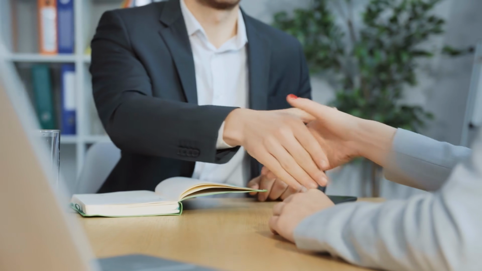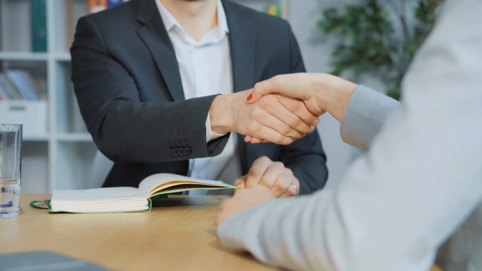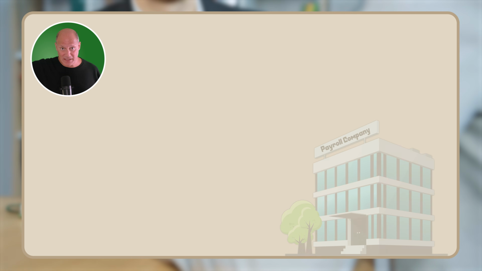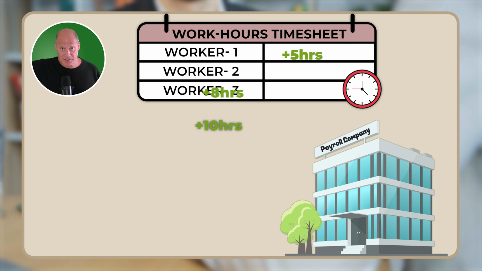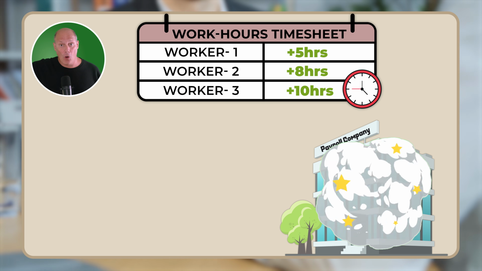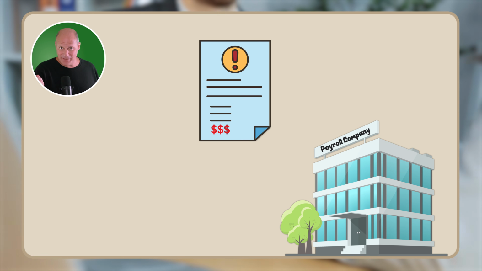So these are the choices that you have when you have workers that you are legally required to initiate the payroll procedures for. And if you choose to use an outside payroll company, all you have to do every pay period is give the outside payroll company all of the workers' work hours, and they will do all the work and give you one big fat statement.